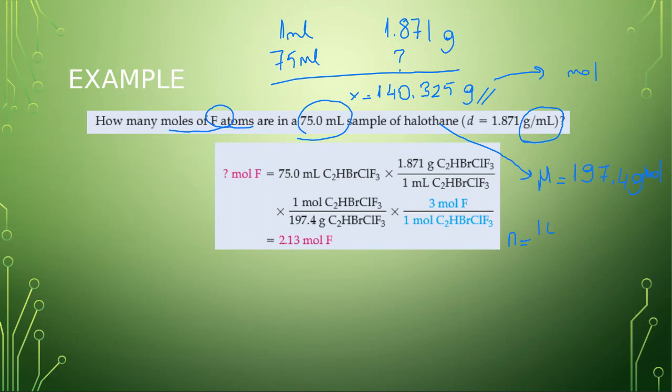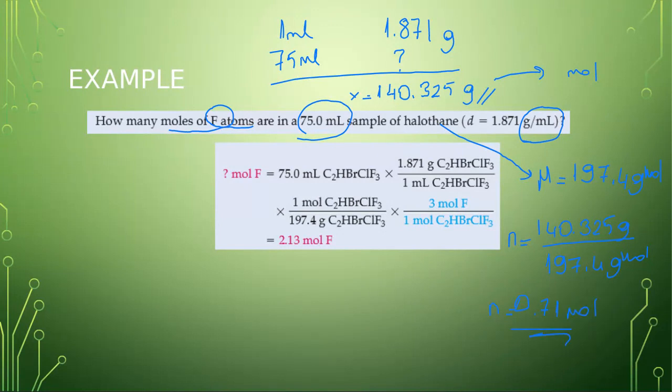This is grams of halothane divided by the molecular mass of halothane, and you will find the halothane moles, divided by 197.4. Yes, this is 0.71.